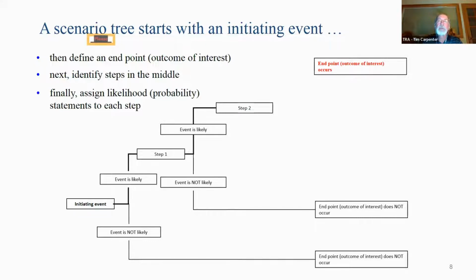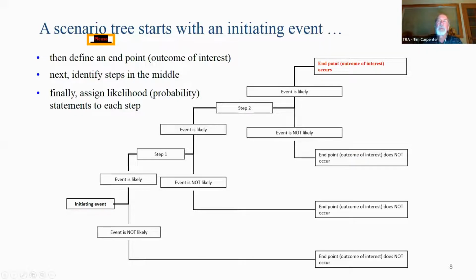And as the result of step one, if it's likely to occur, then we move on to step two. If it's not, then we conclude that branch. So again, step one, likely, go to step two, likely. And if step two creates an event that is likely, then our endpoint would be the outcome of interest. And we could focus on that for the next part of our risk assessment.